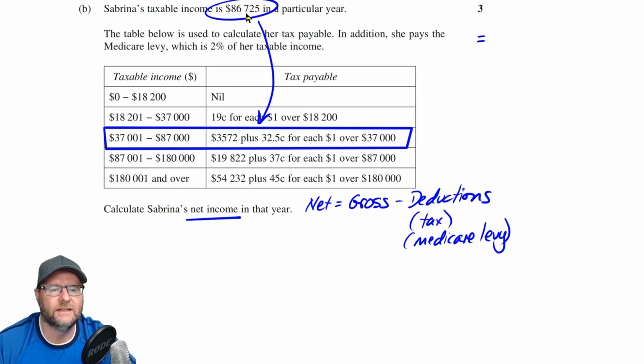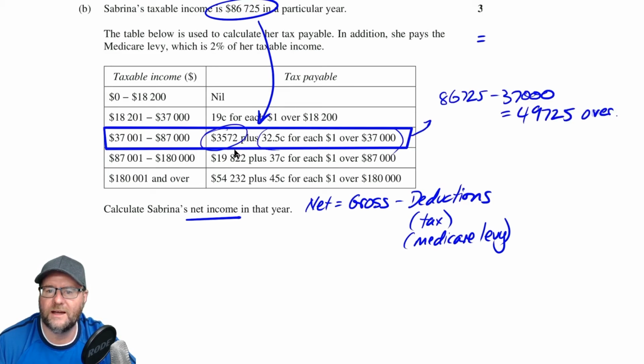So let's work out the tax she needs to pay on this taxable income. She sits in this tax bracket, and remember it's made up of two parts: the lump sum at the front and then the variable piece here. She's over this 37,000 threshold by this much.